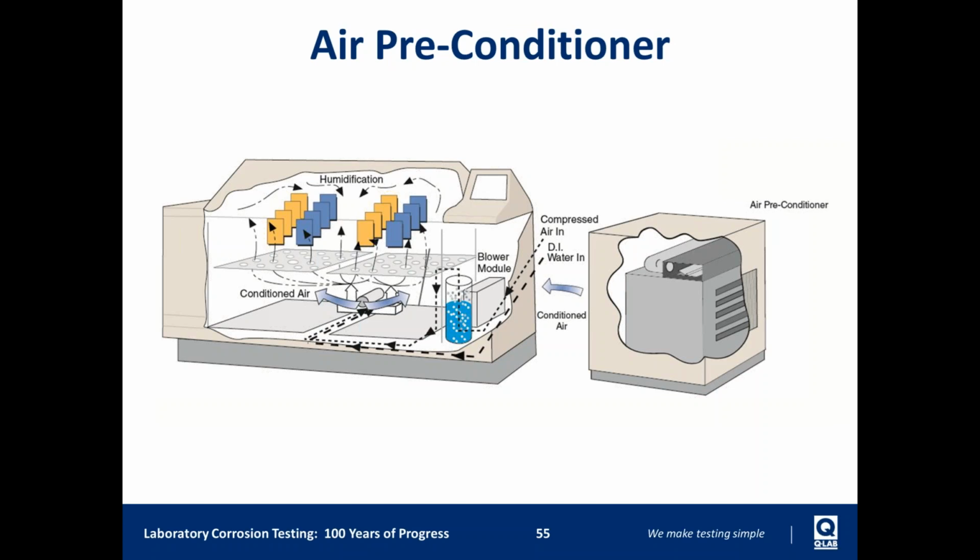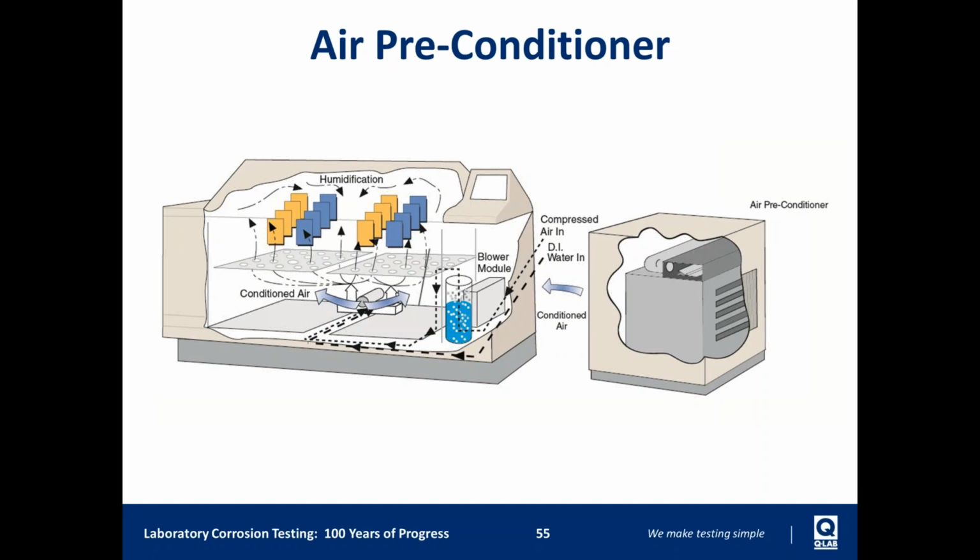Lots of testers have the ability to control relative humidity, but the way that they do that is by adjusting how much air they're recirculating in the chamber versus how much air they're bringing in from the ambient environment. There is no normal mechanism to remove moisture from the air. So if you have a humid environment that your tester's installed in, you will not be able to meet the ambient conditions. But this air preconditioner, which will remove moisture from the air, replaces that lab air with dry air.